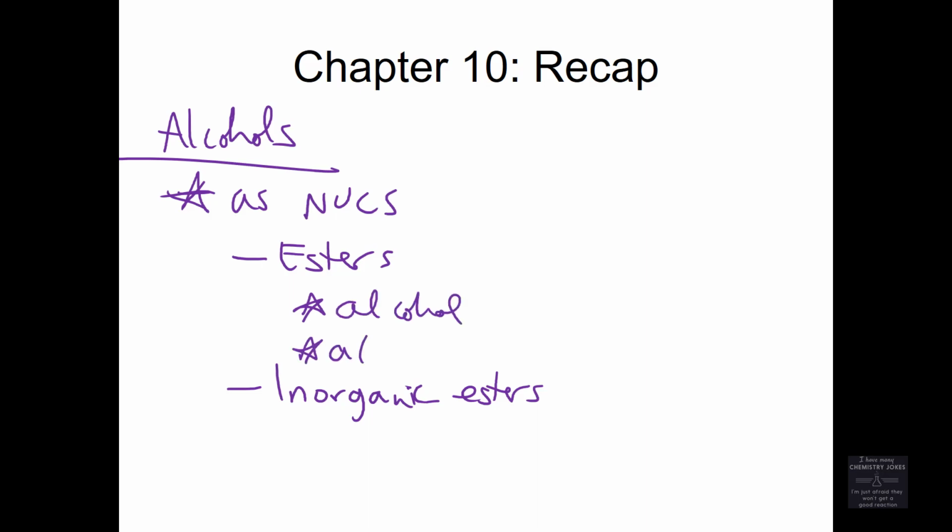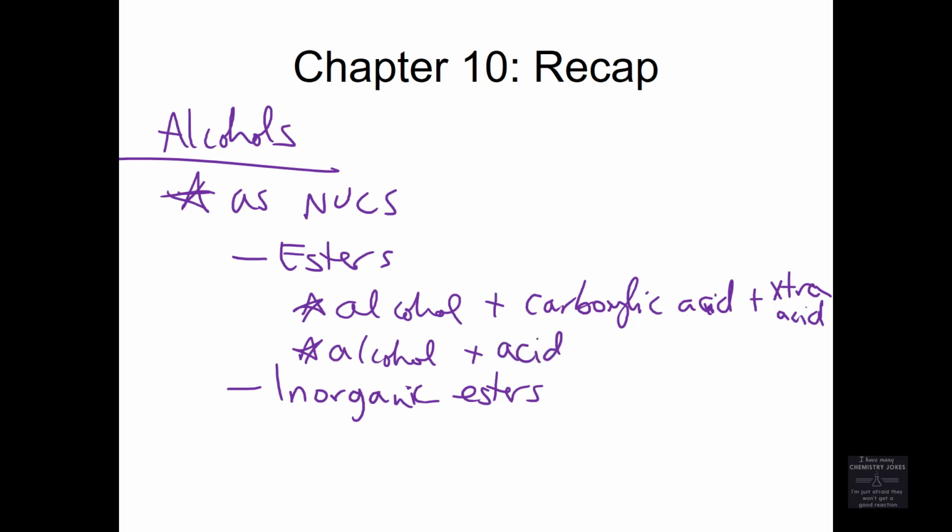We saw 2 ways, plus carboxylic acid, plus extra acid. Alcohol plus carboxylic acid plus extra acid made an ester. Alcohol plus acid chloride plus pyridine made an ester. And acid chloride is kind of like a carboxylic acid, but a Cl instead of an OH over there.